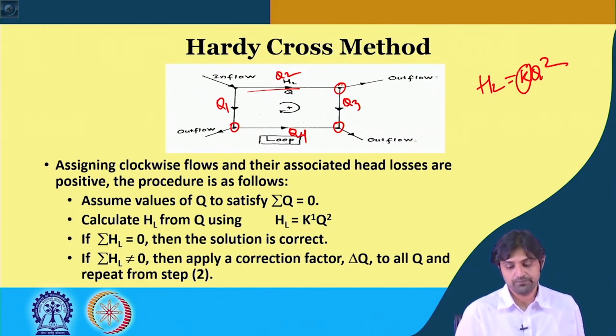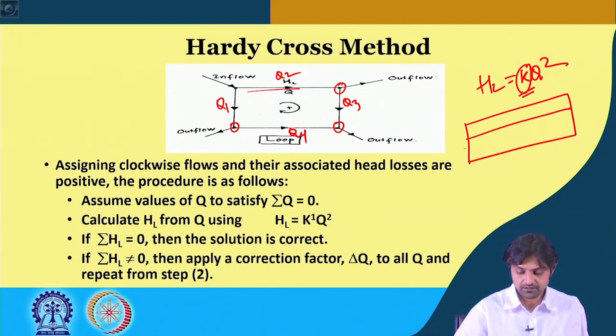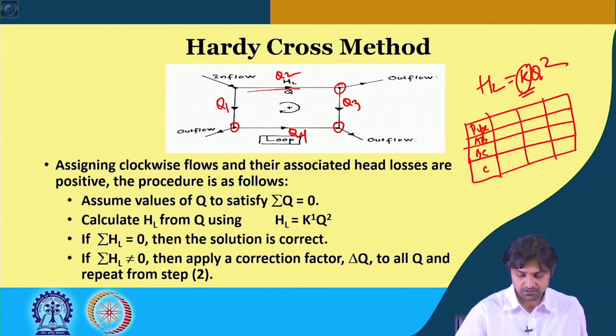Both can happen. So you will prepare a table like this. You see pipe, you will say A, B, B, C, C, D. There are 4 pipes here, D, E for example, yeah, could be.